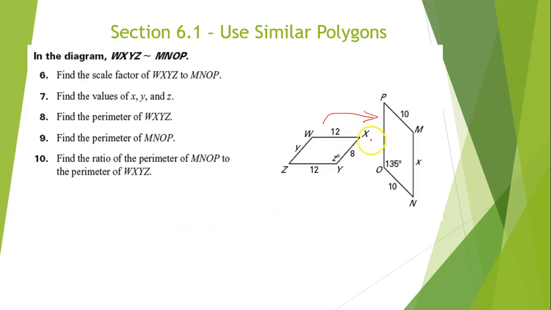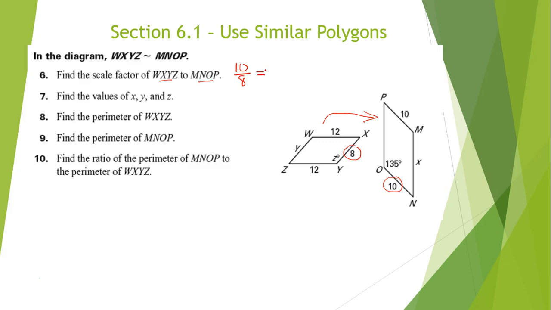To do that, we need to find two corresponding side lengths. So we have XY as 8, and let's see, NO is another side length that we have. We can figure out its scale factor by placing the bigger number over the smaller number, 10 over 8, because it's going to be bigger than 1 if we're going in this direction.